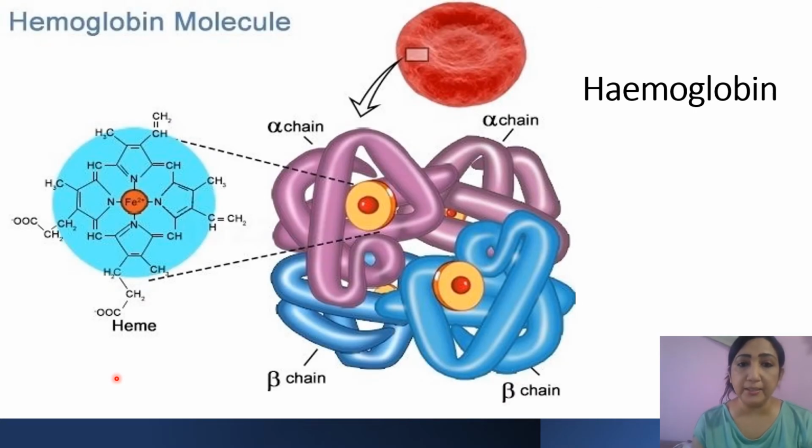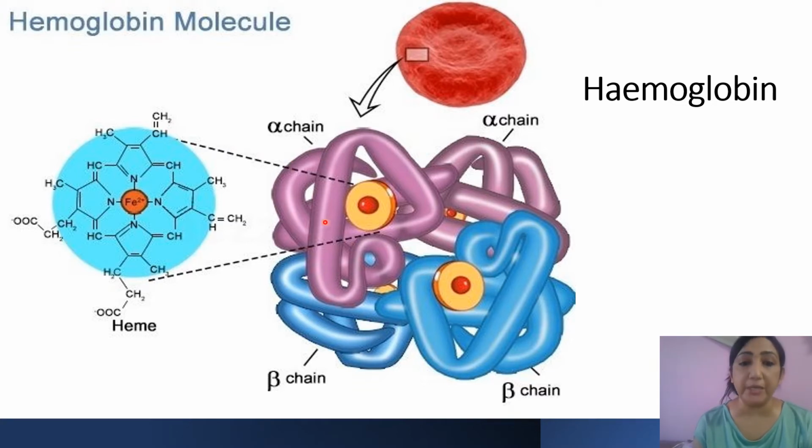As the maximum portion of the oxygen is carried through hemoglobin, we have to know the structure of hemoglobin better. Here we can see that hemoglobin is present inside the RBC, and it consists of two things: one is the heme and the other the globin part. The globin part of adult hemoglobin consists of 4 polypeptide chains, 2 alpha and 2 beta.